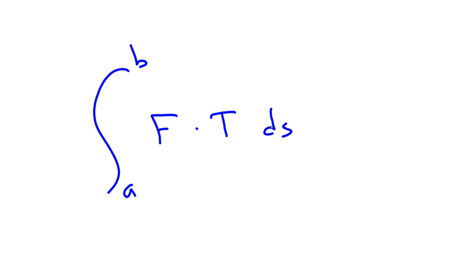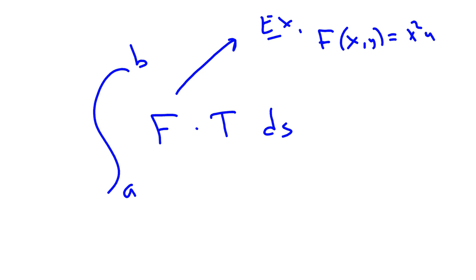Now, it turns out that if you want to compute it, there's a more convenient way to do that. Keep in mind that vector fields, we haven't seen any examples of those yet, but a vector field might look like this: F of x comma y equals maybe x squared y times i plus root y times j.